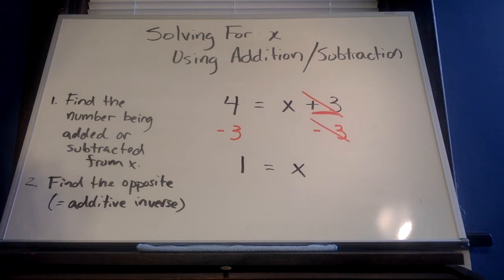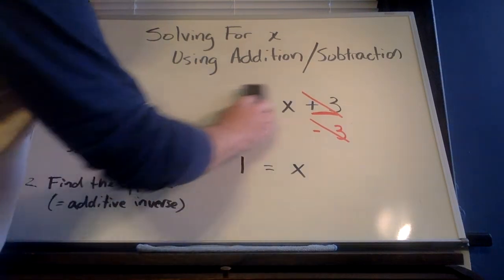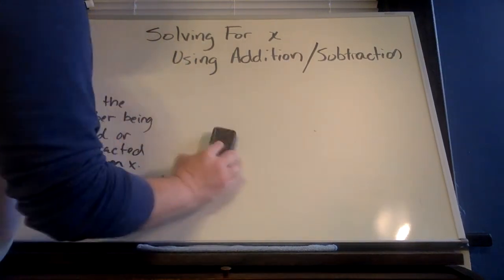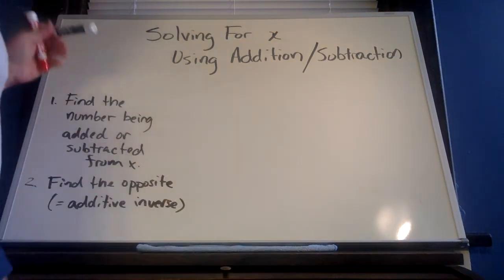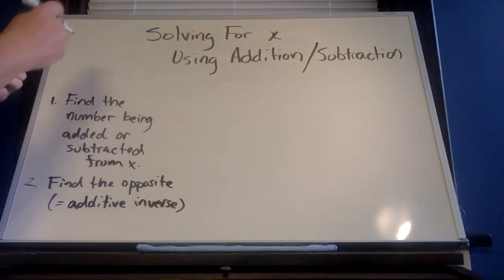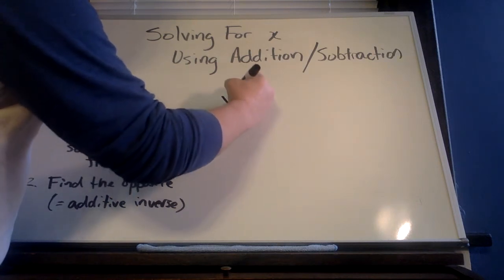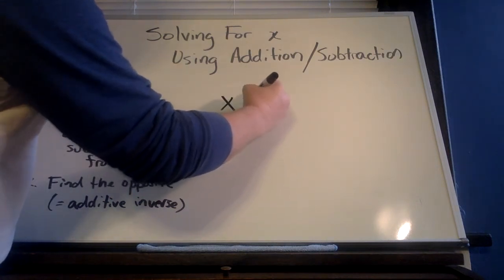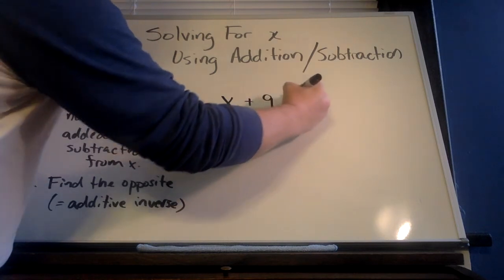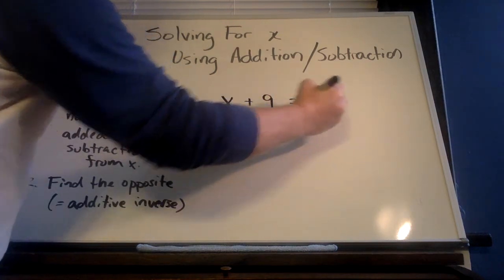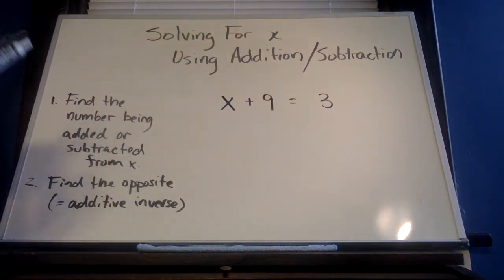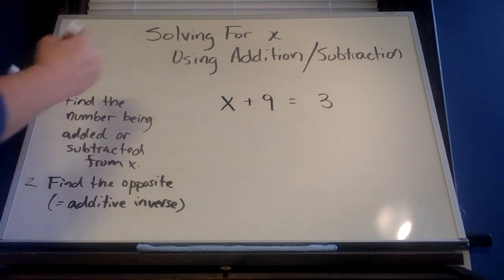The other thing you have to be thinking about is it doesn't matter if we get negative numbers. So some of you I know are not all that happy with negative numbers, but they're still just as good as any other number. If we were to have something like x plus 9 equals 3, once again, let's do this the same way. The number that is being added to or subtracted from the x is a plus 9.